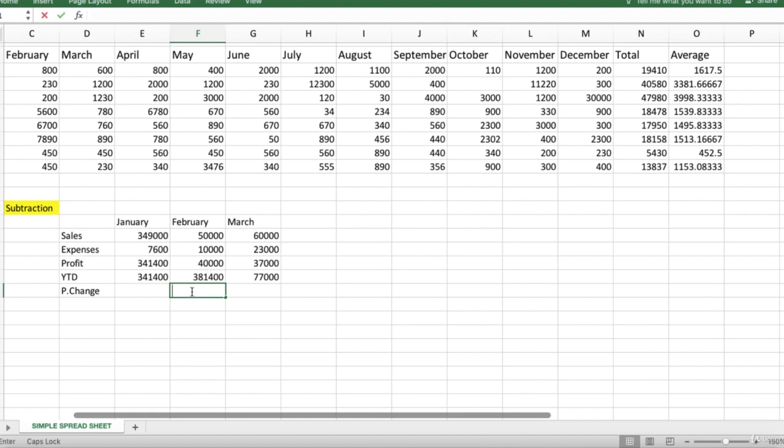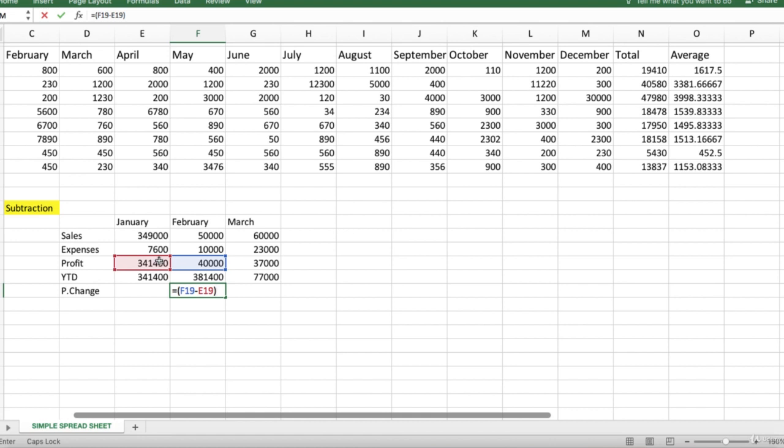So to calculate the percentage change, type equals, and then subtract from just here. Click on the cell F19, then minus this cell, E19, then close the bracket.